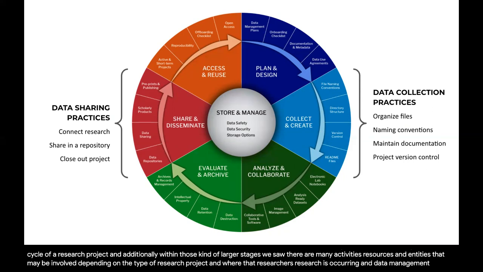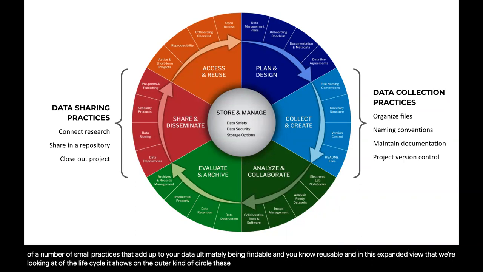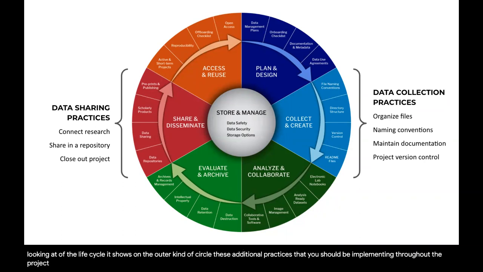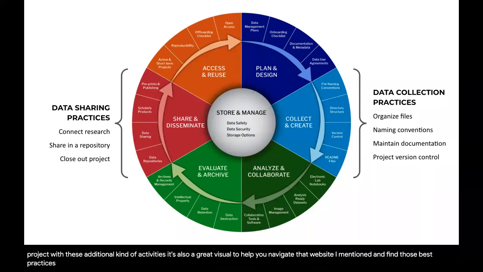And data management is a sum of a number of small practices that add up to your data ultimately being findable and reusable. In this expanded view of the life cycle, the outer circle shows these additional practices that you should be implementing throughout the project. With these additional activities, it's also a great visual to help you navigate that website I mentioned and find those best practices you are looking for.